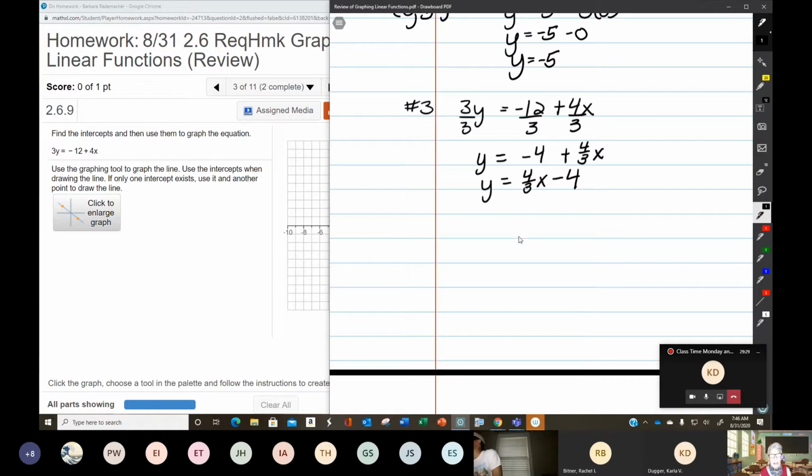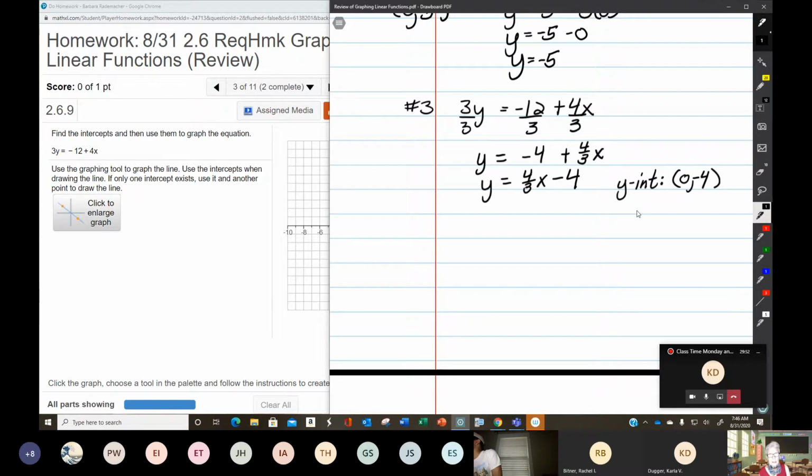Anyway, look what I already know when I have a line in slope-intercept form. I automatically know what my y-intercept is. The y-intercept is 0, -4.